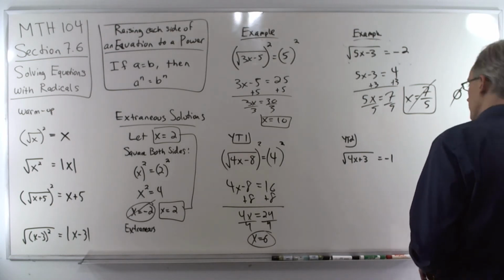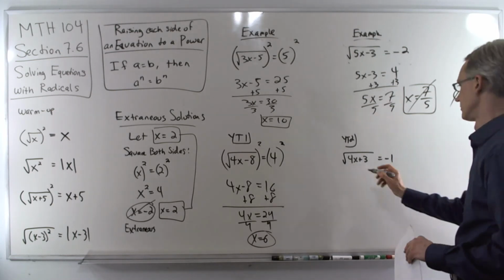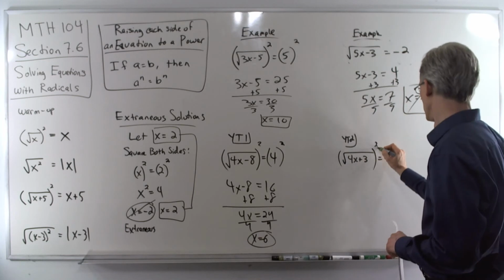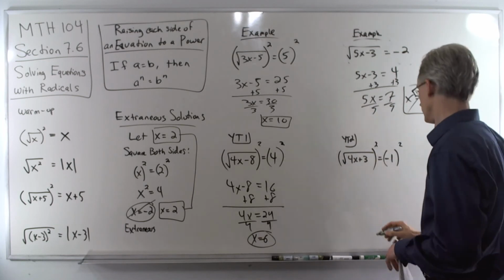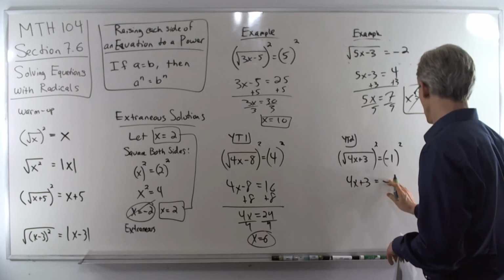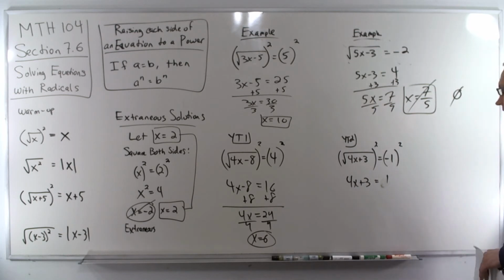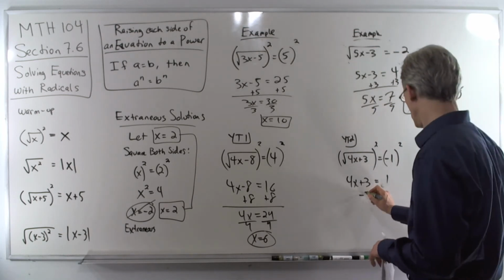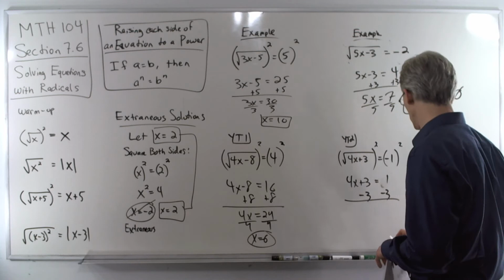Your turn, number 2. So squaring both sides, 4x plus 3 equals 1. Subtract 3, subtract 3.